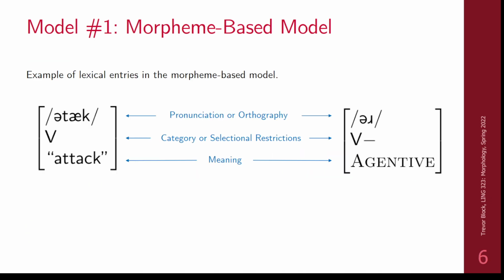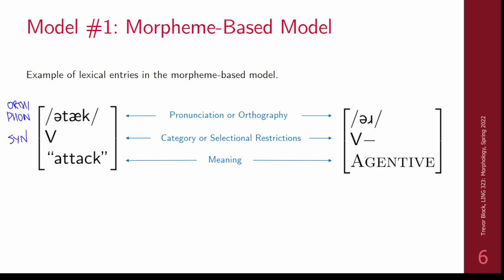So if we have a word like attack, we can denote a few things. We have a phonetic component in each entry. I should say, it could be an orthographic component if it's not based on sounds. We have some sort of syntactic information here. So this is our syntax.